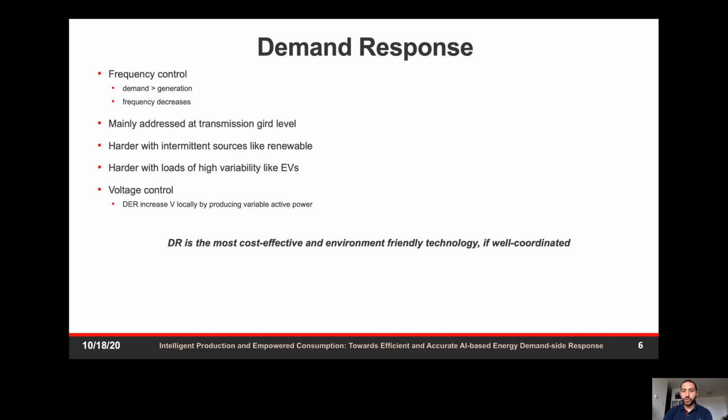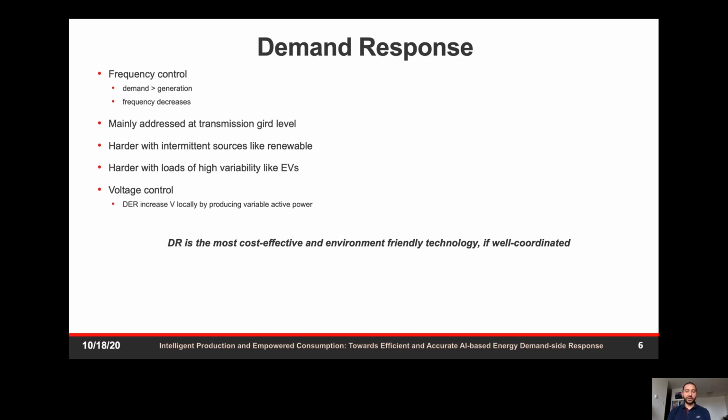In terms of voltage control, the distributed energy resources increase the voltage locally at a house, and they produce variable active power. Now, through the different papers we've looked into, demand response is the most cost-effective and environment-friendly technology that can be used for frequency control and voltage control if it is well coordinated.